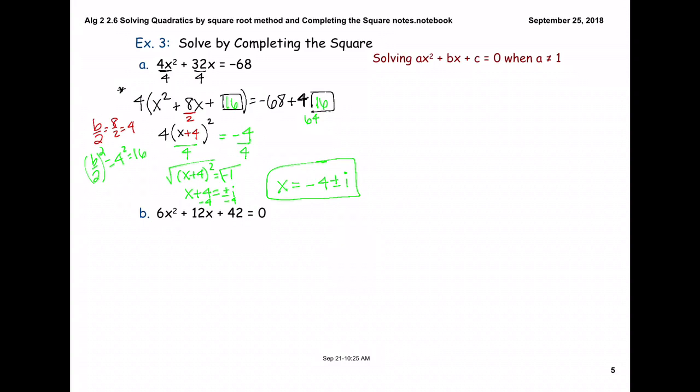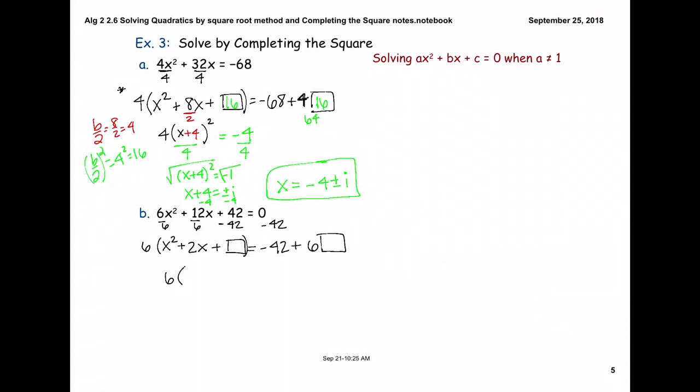Example 3b. So this one we need to move our constant to the right-hand side by using your inverse. And we also need to divide by our 6 in order to make our a equal to 1. So we have 6 times x squared plus 2x plus box equals negative 42 plus, remember we factored out a 6, so we want to place that outside our box on the right-hand side.